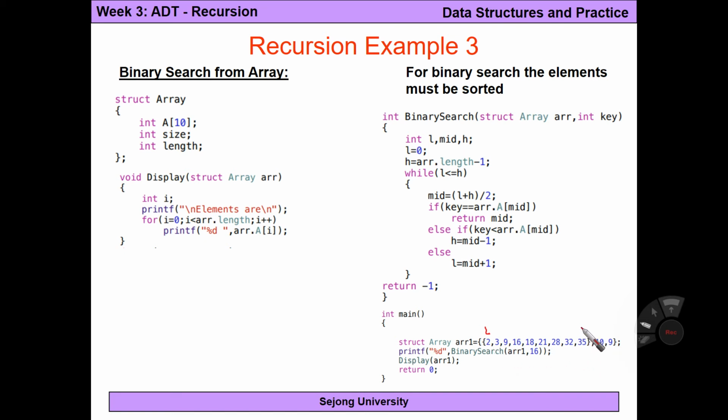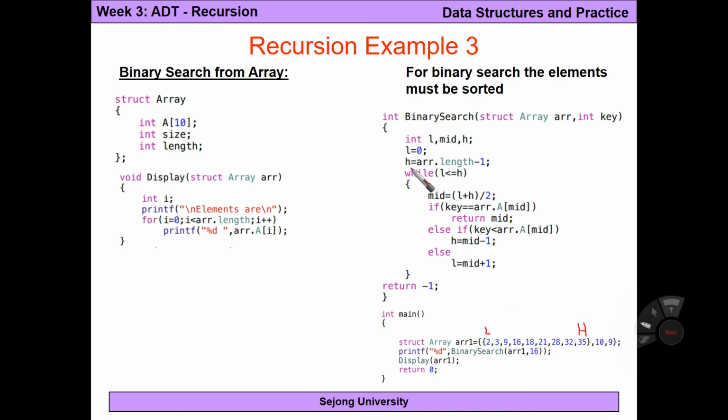It will be minus 1 because it starts from 0, so 0 to 8. Here it is 9. So this is my H. L is equal to 0, and H is equal to length minus 1, which is 8. So 0, 1, 2, 3, 4, 5, 6, 7, and 8. So 9 minus 1 is 8.